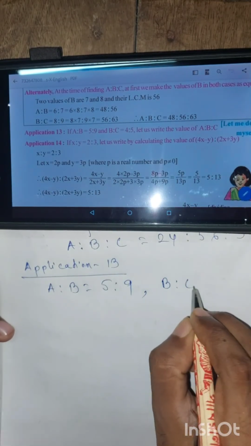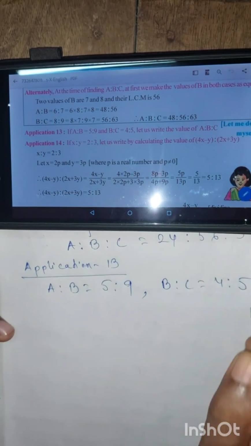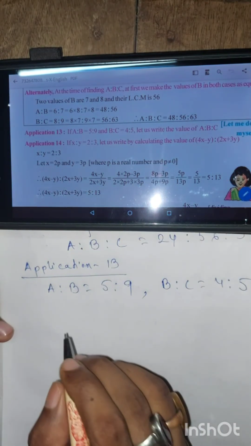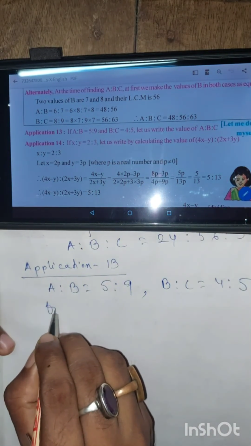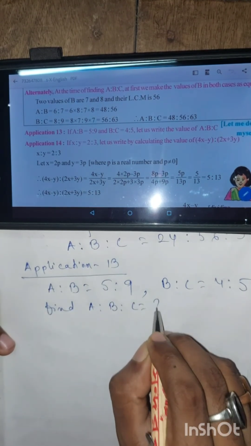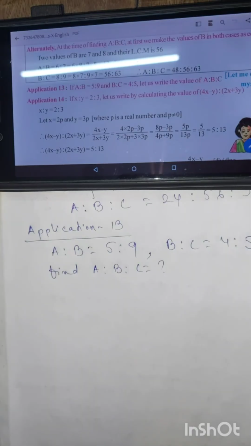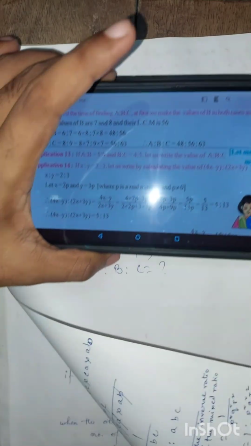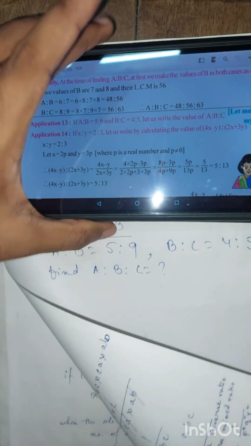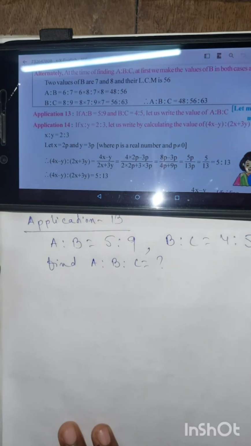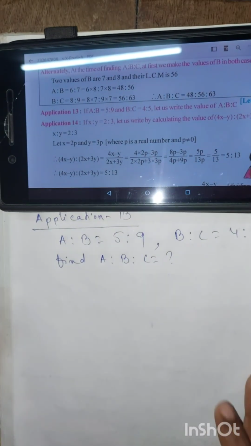B is to C is 4 is to 5. Find A is to B is to C. This is similar to the previous question.